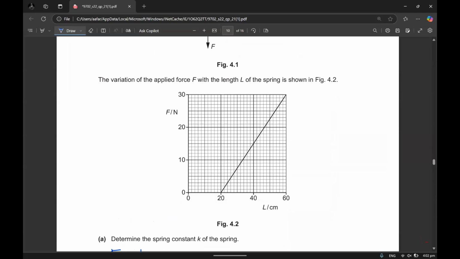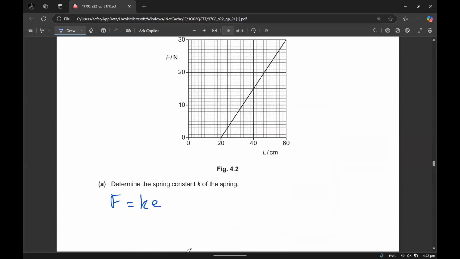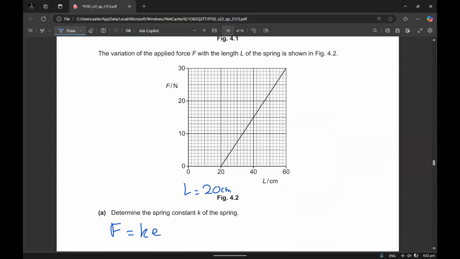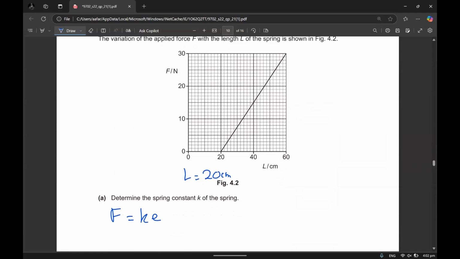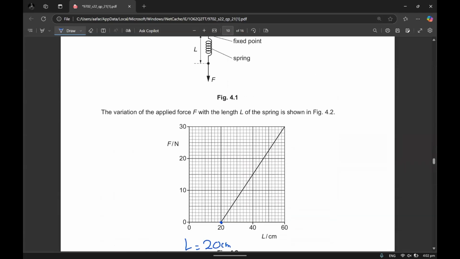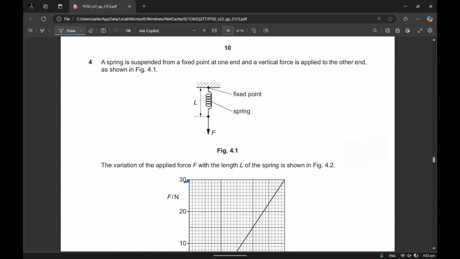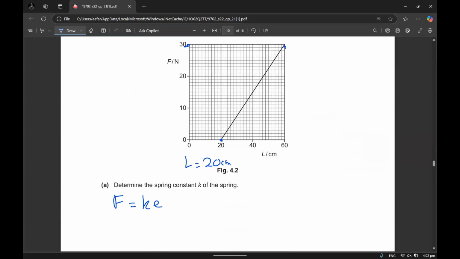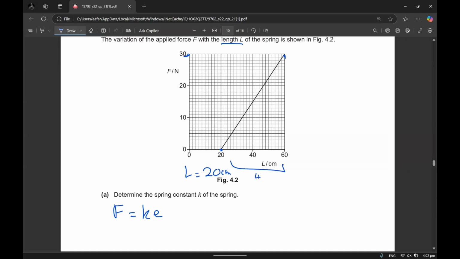So we know that the original length is 20 centimeter. When we apply a force of 0, it's 20 centimeter, and when we apply a force of 30 Newton, the length becomes 60. So the extension over here is basically 40 centimeter.